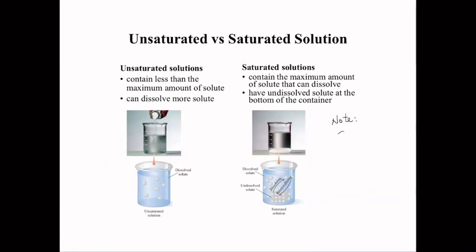We can also have what is called a supersaturated solution. And what is a supersaturated solution?